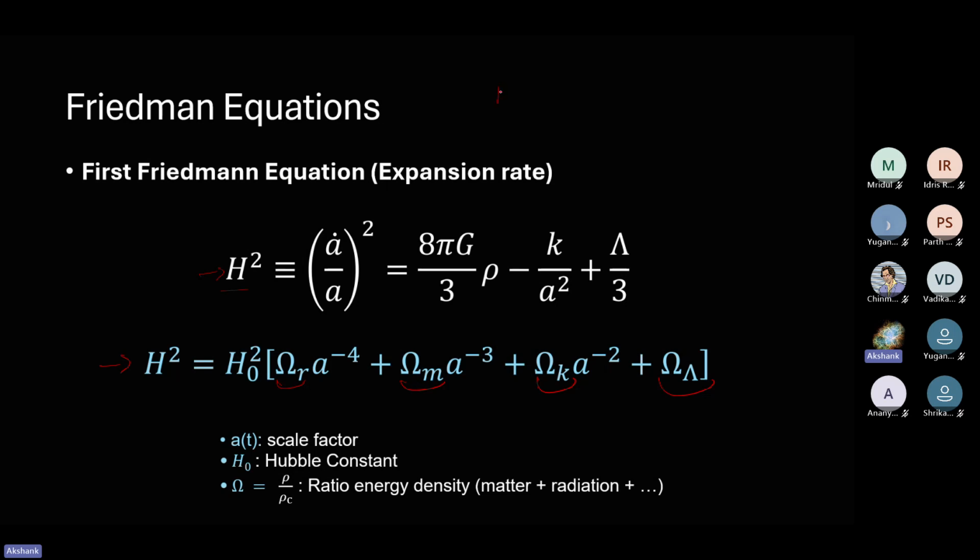These are called relative densities. Relative density is omega. Omega i is basically rho i divided by rho critical. Rho critical is when k is 0.